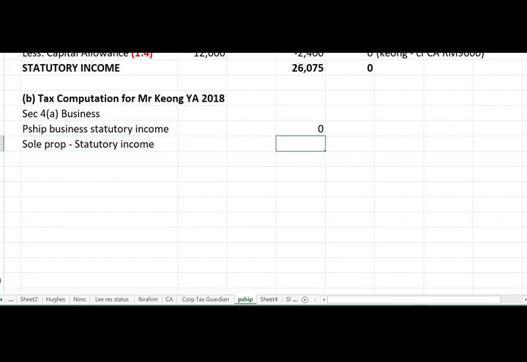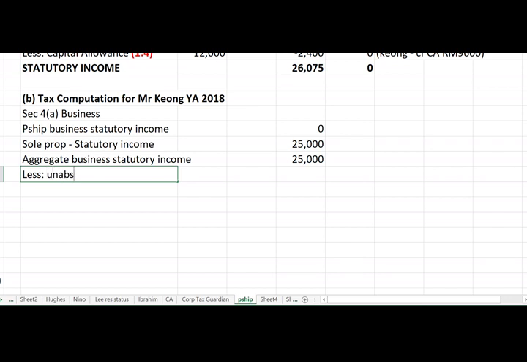Now that's given as 25. So this is your aggregate business statutory income. It's 25, and you're supposed to minus unabsorbed business loss brought forward, and that loss brought forward is given as 4. So the net amount is 21, right?